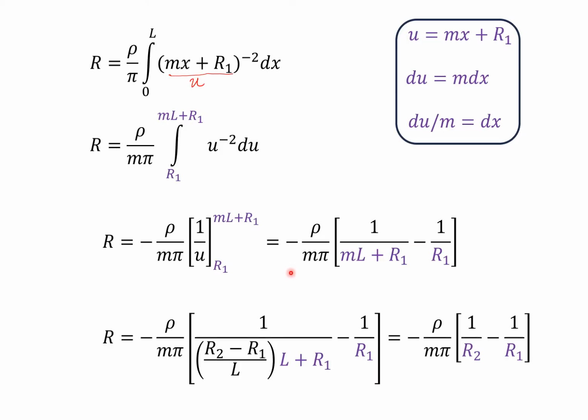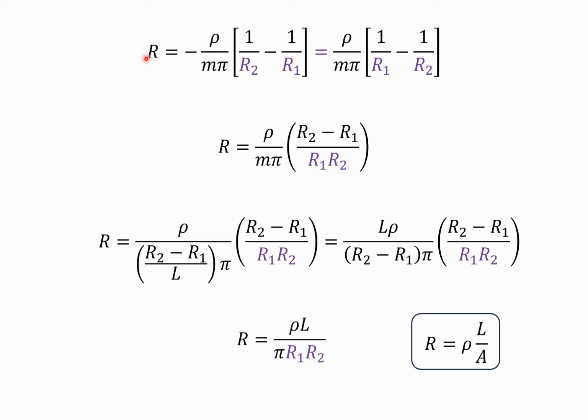Now what I am going to do is replace this m by the slope, which we have seen is equal to (R2 minus R1) over L. So now this L and this L will get cancelled. So you will get R2 minus R1 plus R1. Minus R1 plus R1 will become 0. So this will become simply 1 over R2. Here you have minus 1 over R1. So here also we have a negative sign. You keep it in your mind.